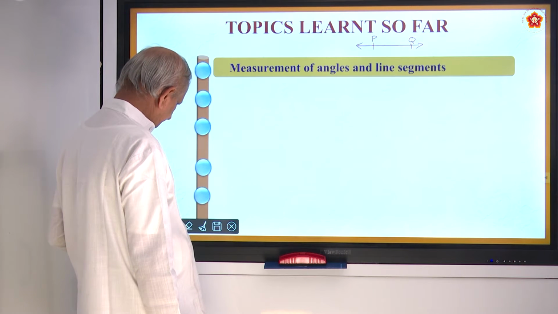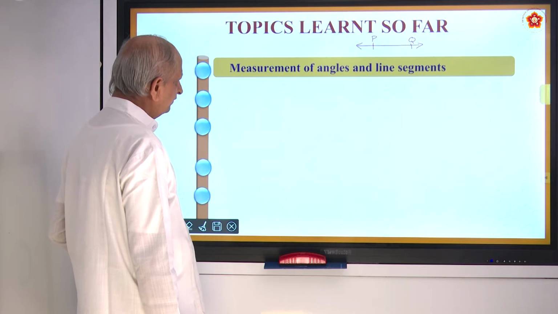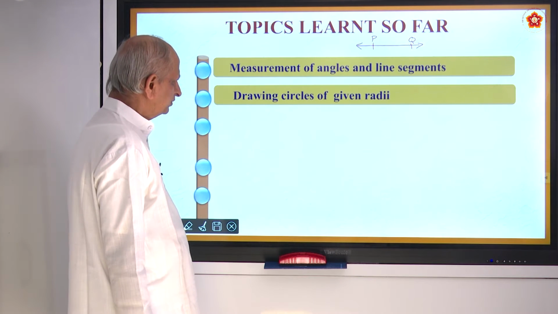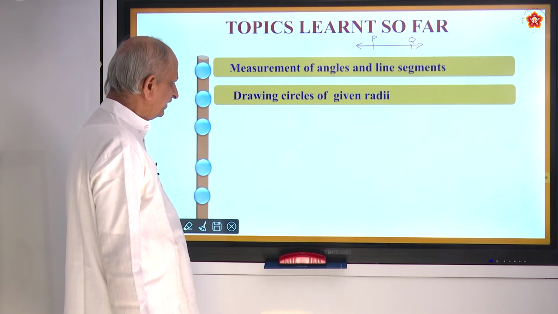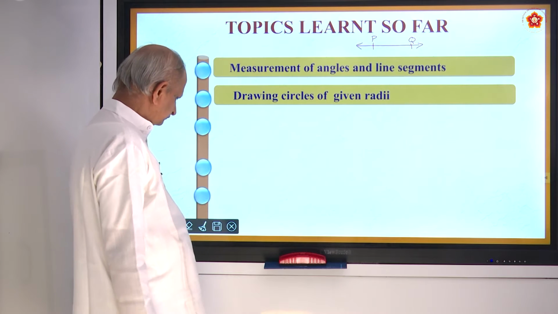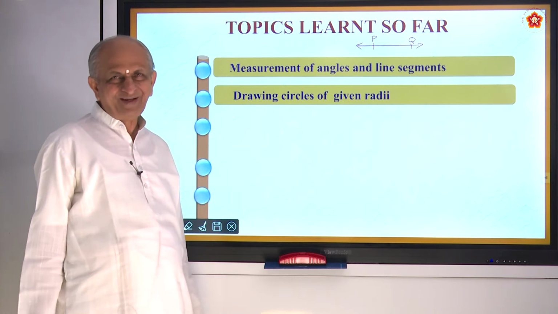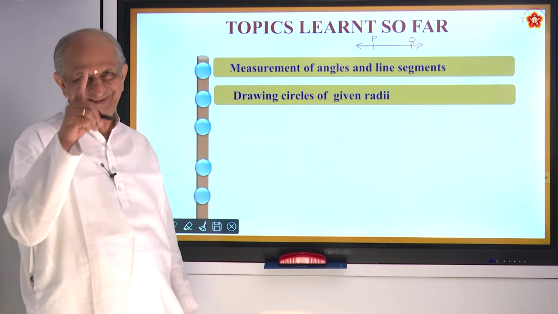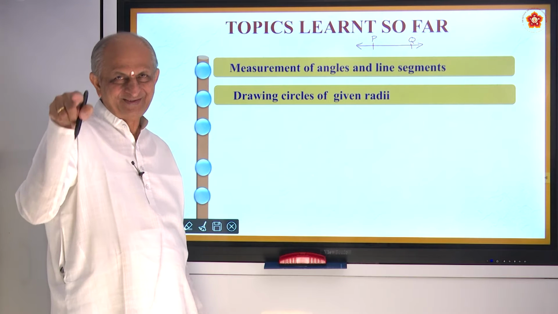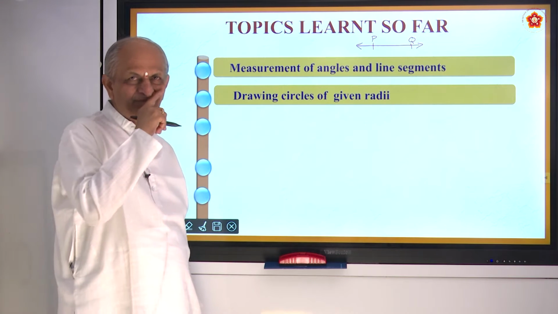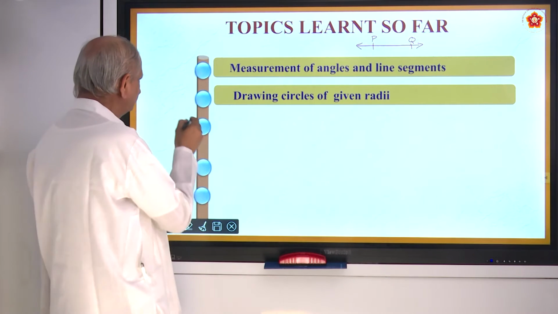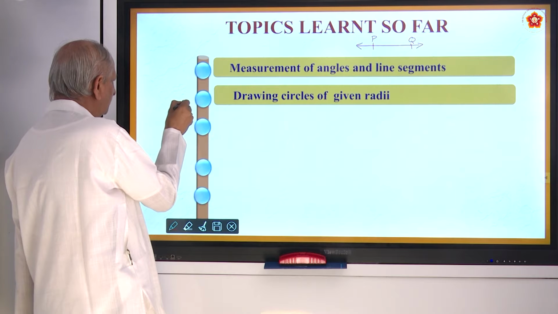And also we have studied about drawing circles of given radius. Which instrument do you use there? Yes, it is compass. Using compass, you draw a circle. What is a circle?